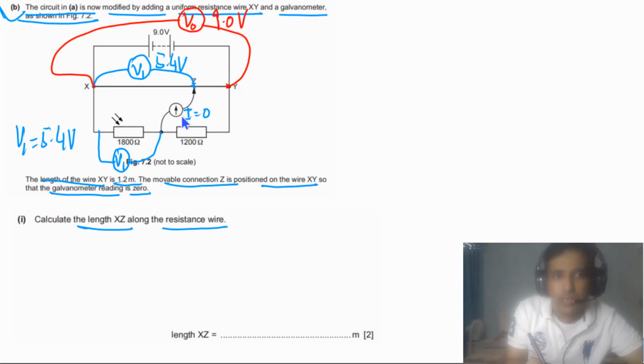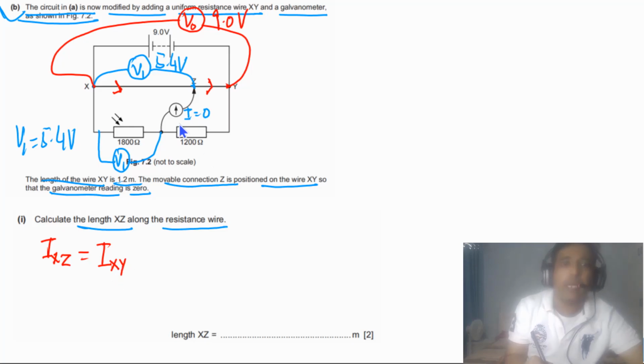As there is no current in this wire, it means the current passing through XZ is the same as the current passing through XY, meaning current in this whole wire is the same. So simply we can say current passing through XZ is equal to current passing through XY, as no current is entering from this branch.